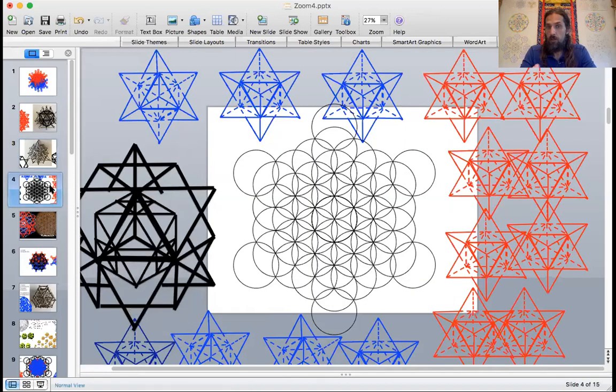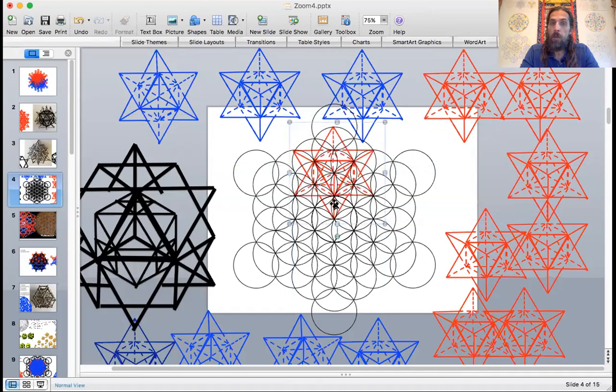So let me just show you real quick how this is all being built. I'm going to quickly build that 64 tetrahedron grid, the isotropic vector matrix, the way Nassim Haramein builds this. So there's nothing in the center of this, okay? What happens here is he's going to construct the center by taking a star tetrahedron, they're all going to be red, and the points are all going to meet in the middle here.